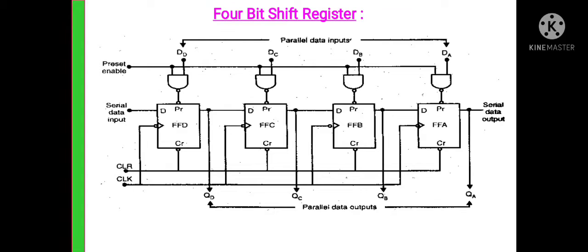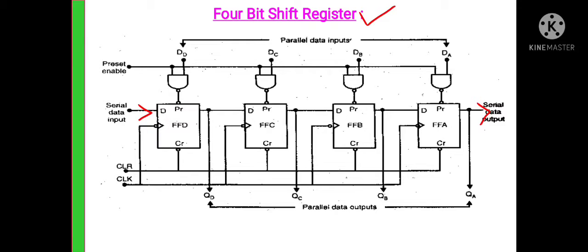Now come to this block diagram, which is a 4-bit shift register. As per our definition, here all 4 combinations of data movement are possible. On the left side, the serial data is loaded into this shift register.